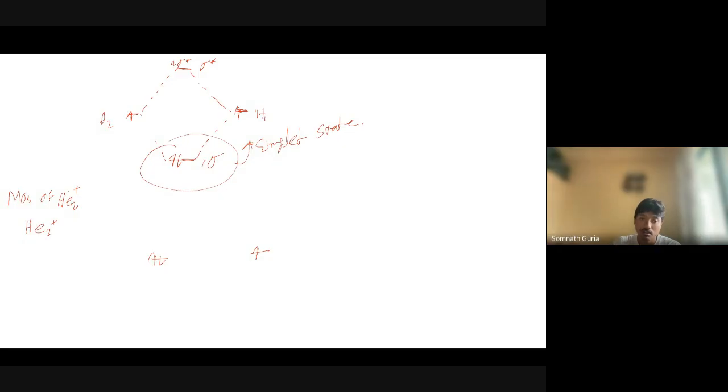And here comes the bond order. How can we calculate it? Bond order is actually calculated from the summation over i of n i times C i.